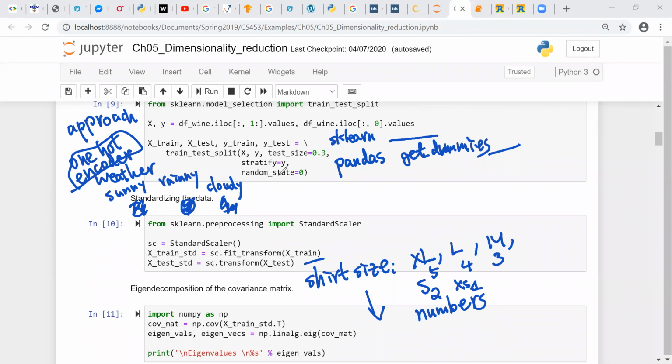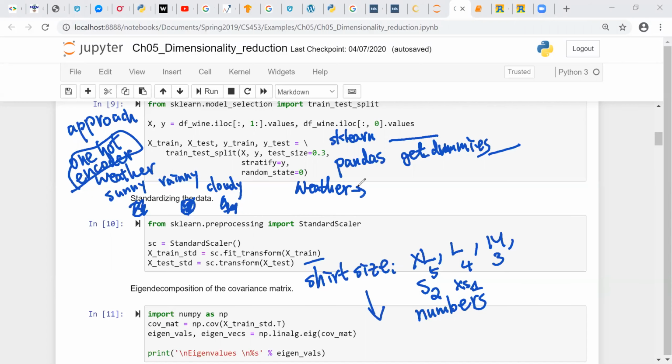Initially this is a single column called weather, and you can have sunny, rainy, or cloudy.